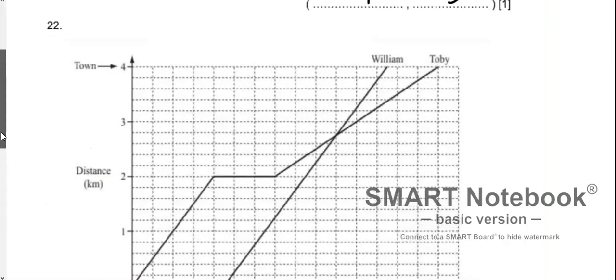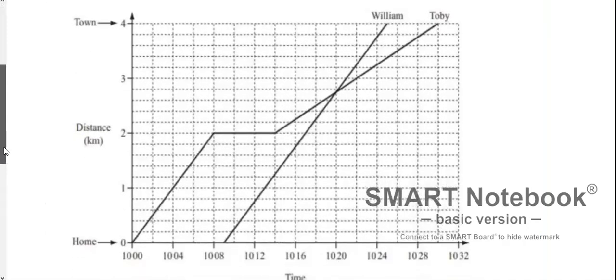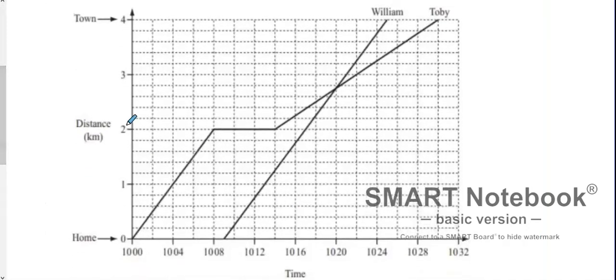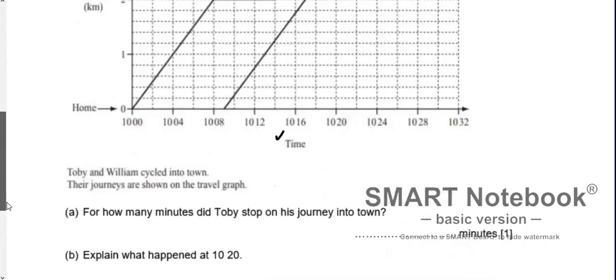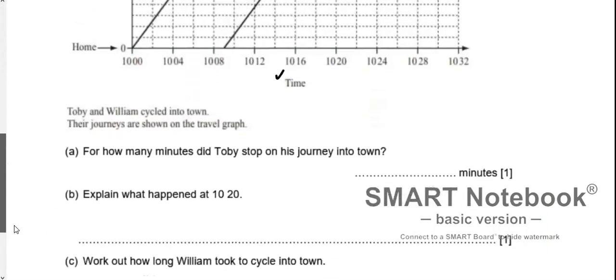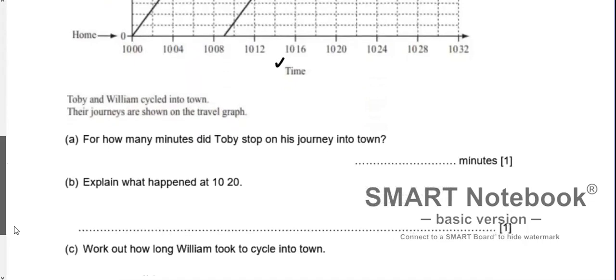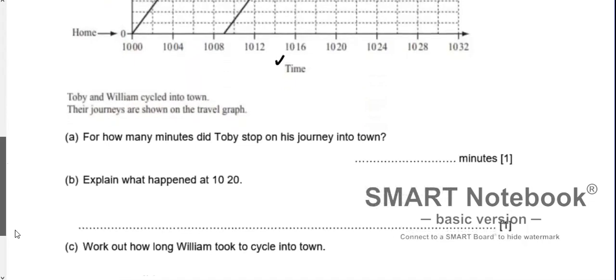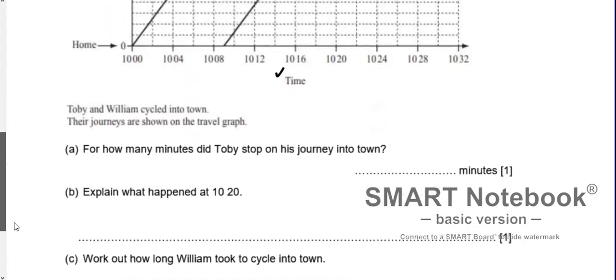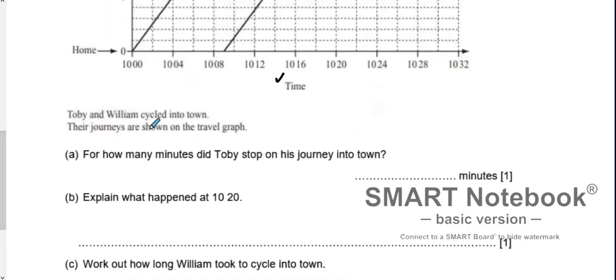So the last question is talking about a distance time graph. Okay, now let us see the questions. Toby and William cycled into town. Their journeys are shown on the travel graph.